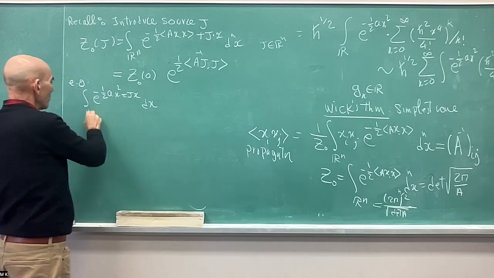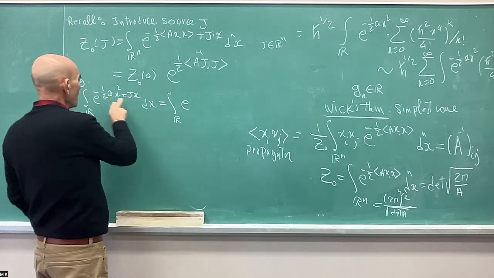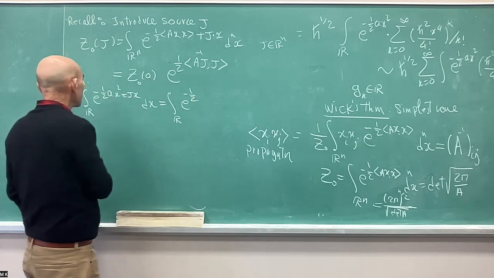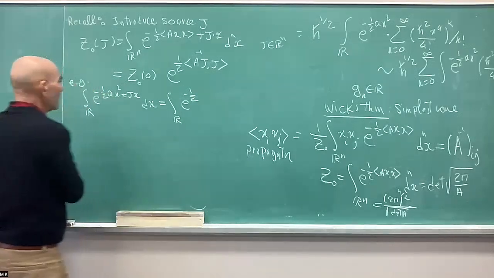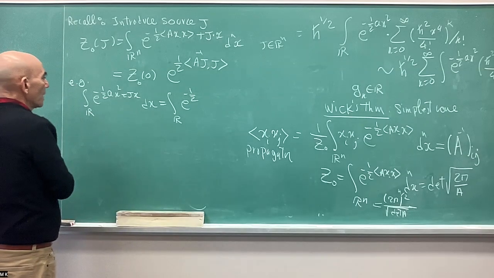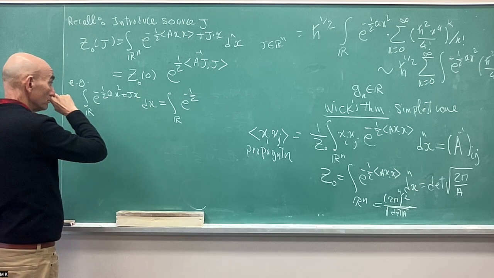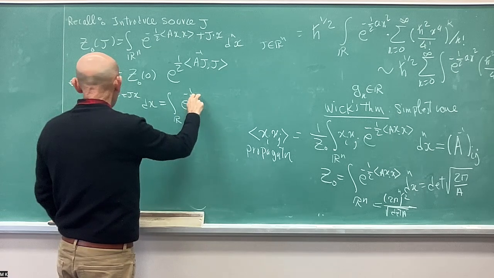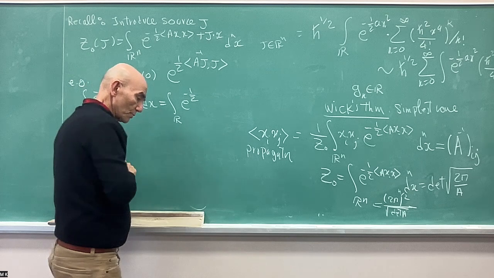dx over R. So this is the integral over R of exponential of, now we can just write this as what? Minus 1/2. Okay, so what can I do here? All right, this is j squared. What to do with this? Yes, add and subtract the constant term you need. But what term now?